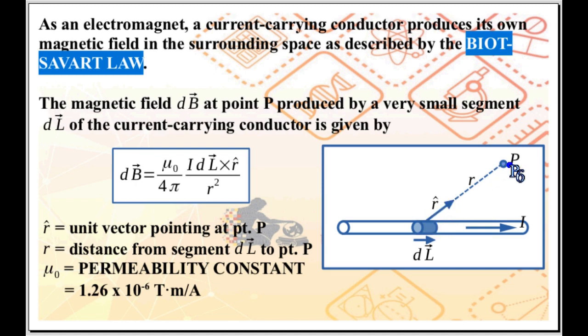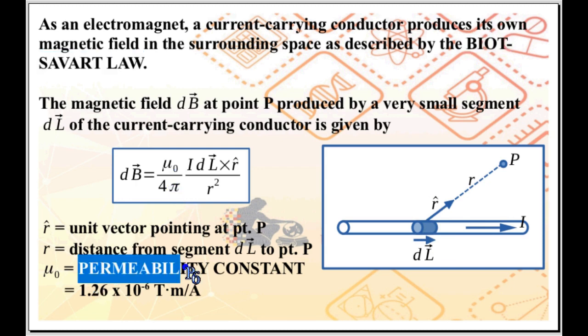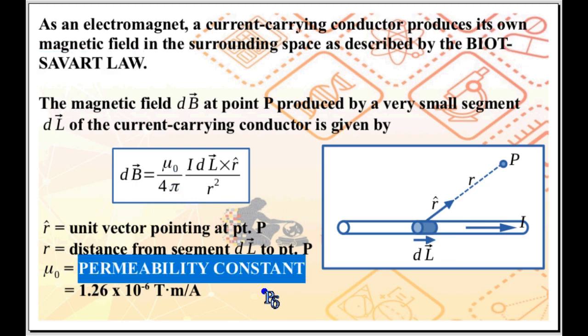r hat is simply pointing at point P, from dl towards point P. P is distance r from the segment dl. So the distance between dl and point P is r. And mu naught is the permeability constant.